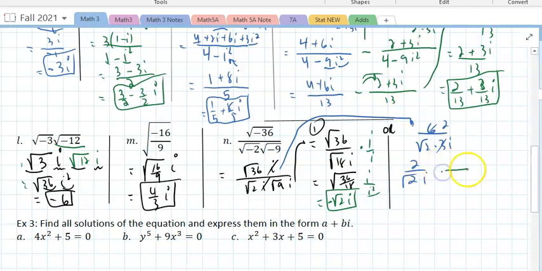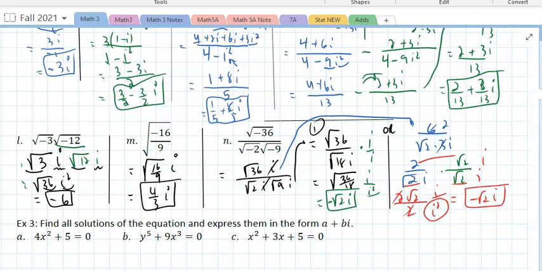One, you're getting rid of the radical, and secondly, you're getting rid of the I. So that would be a 2 radical 2 over 2, I squared and an I, which would be a radical 2, that's a negative 1, and that's an I. So either way you get the same answer.